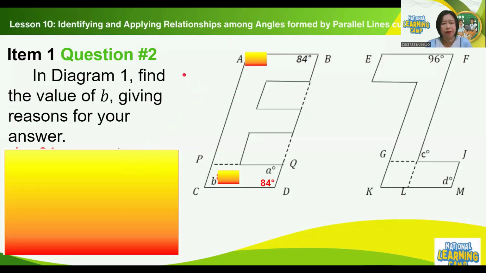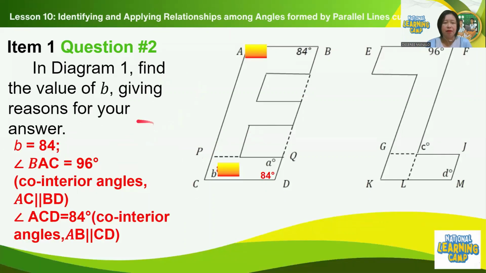Item 1, question number 2. In diagram 1, find the value of B, giving reason for your answer. So B is equal to 84. Angle BAC is equal to 96 degrees since they are co-interior angles. We know that co-interior angles, or same-side interior angles, are supplementary.